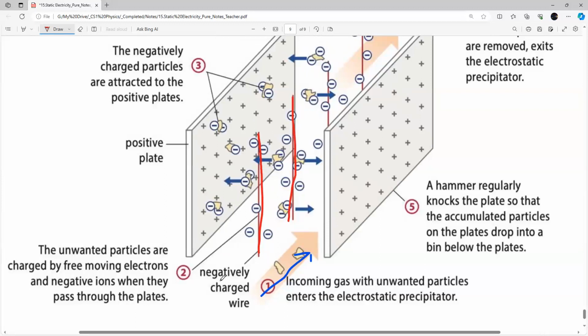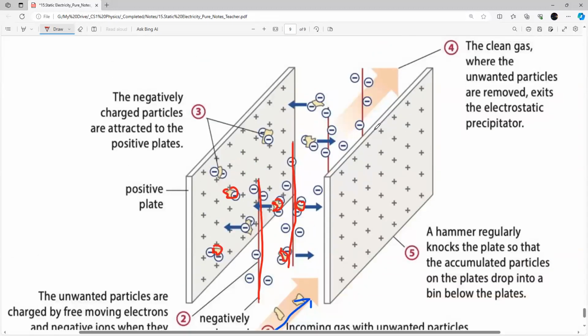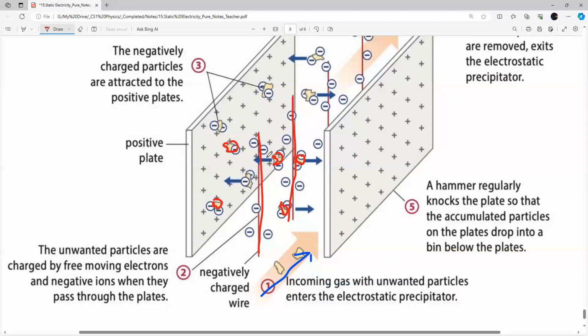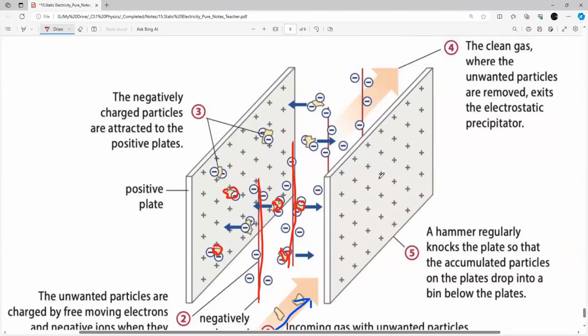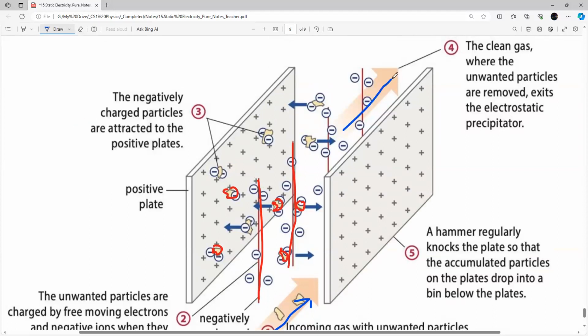This negatively charged wire ionizes the dust particles. Then they have two electrostatic plates that are positively charged. All these negatively charged dust particles get attracted to the two positive plates and stick to the plates. After that, the clean air comes out on the other side.